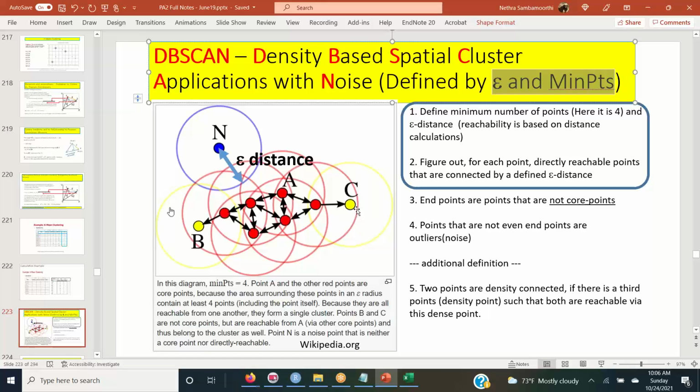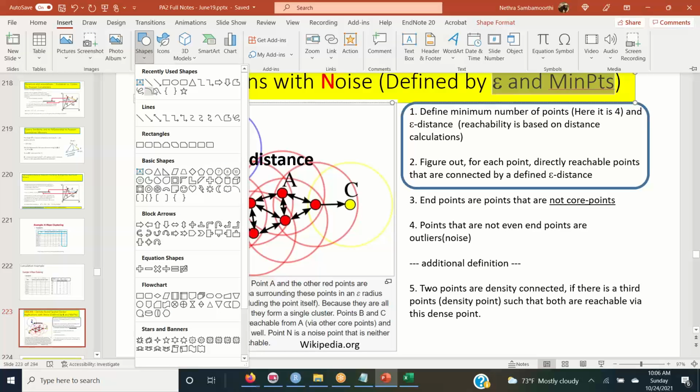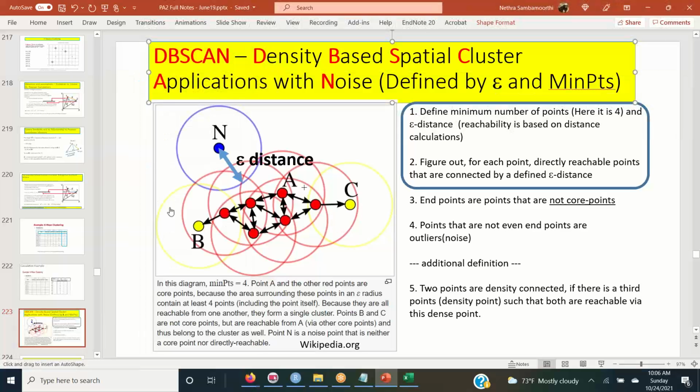So if you put the center around C, it is not just C alone. It has one more point. That is this point. Do you agree? Yes. So this is an outer point. It doesn't have 4 points, but it has 1 point in addition to itself. But if I come here, what is the circle? I have to probably put the circle and then move around. Then it's probably easier for you. So let me do that.